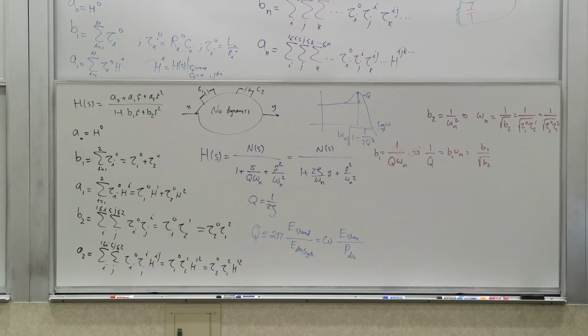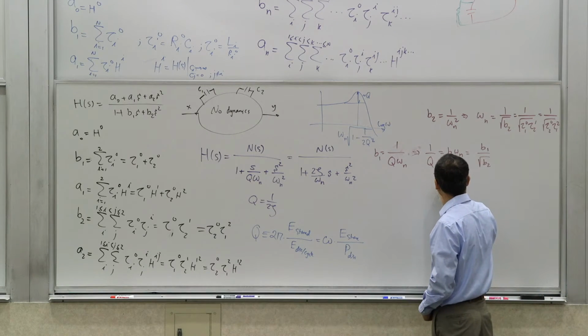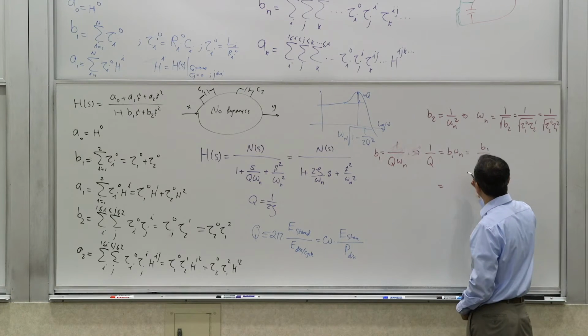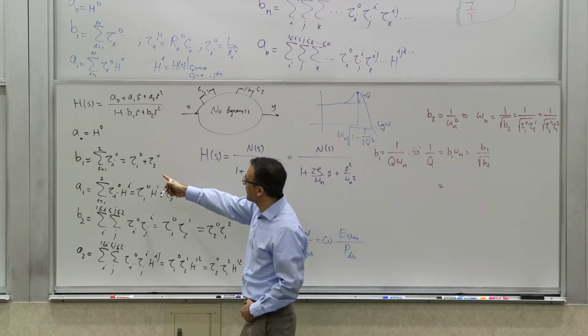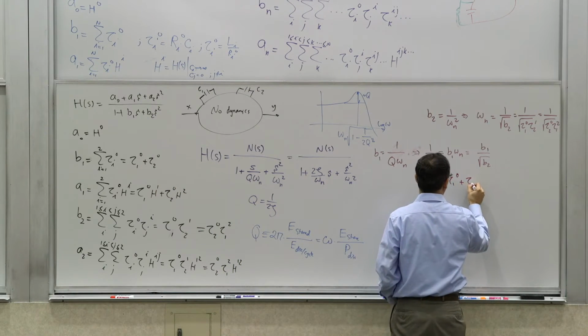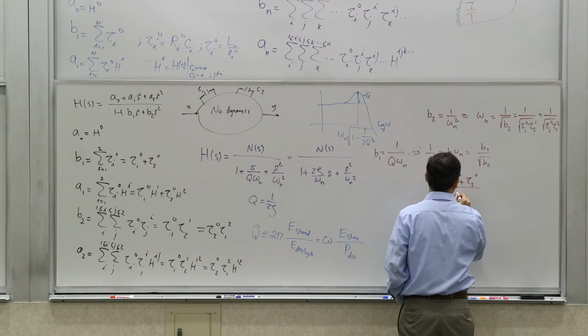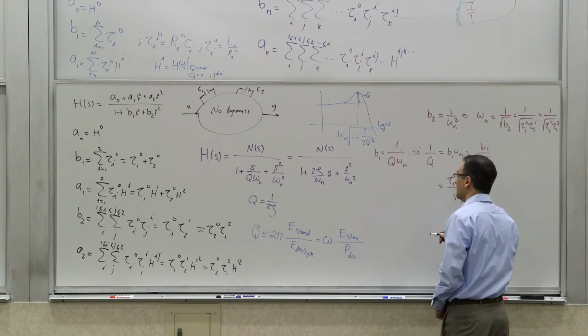If you want to write it in terms of time constants, what is B1? B1 is essentially the sum of these two time constants. So it's tau 1,0 plus tau 2,0 divided by square root of tau 1,0 tau 2,1.